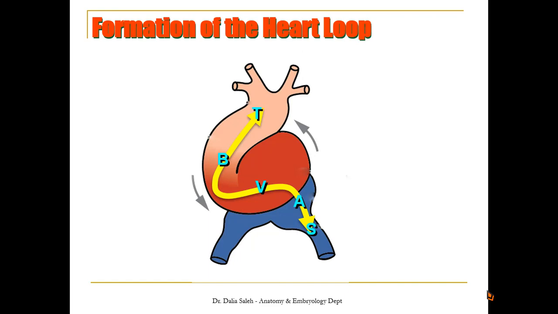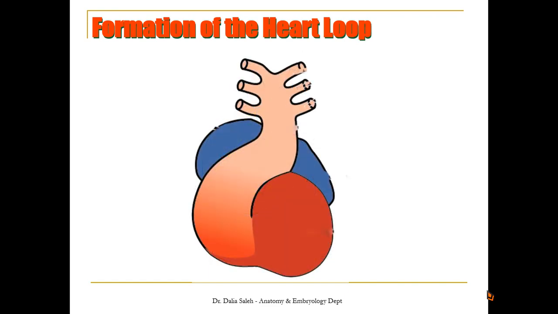The transverse limb is formed by the ventricular swelling, and the left limb is formed by the atrial swelling and the sinus venosus. With more and more bending of the heart, now the atrial swelling moves upward and behind the two ventricular and bulbus cordis swellings, and the Truncus Arteriosus comes in the middle.